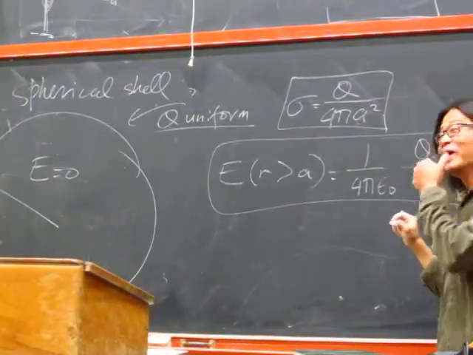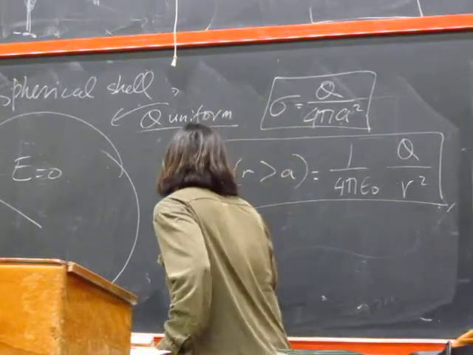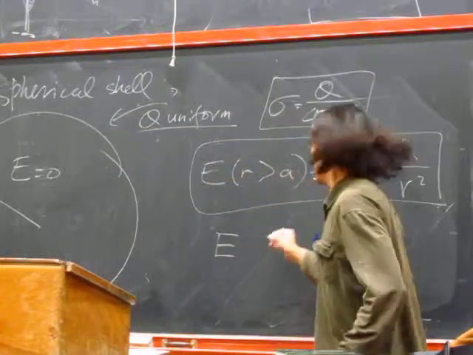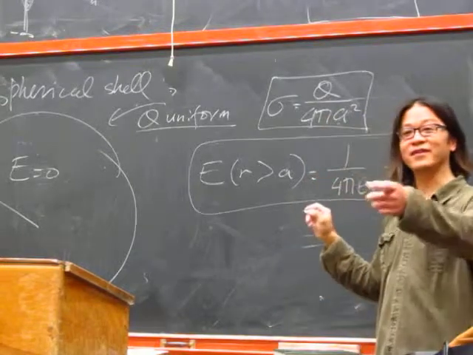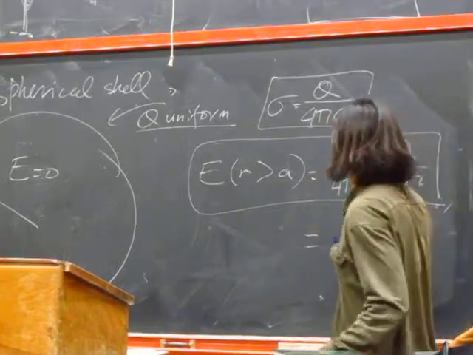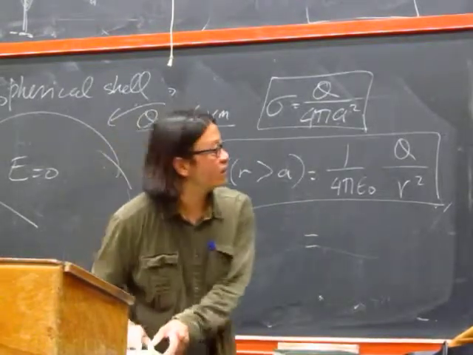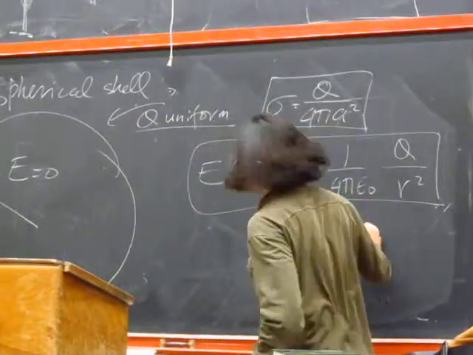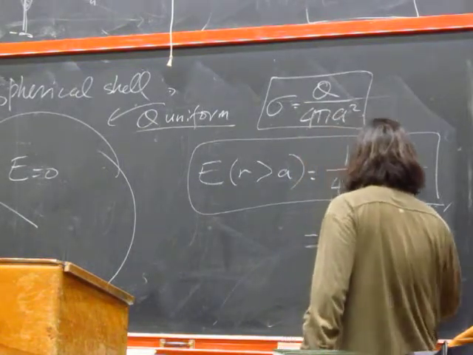And then if you do the math right, you realize that the electric field, in terms of sigma, is sigma A squared over epsilon naught R squared.